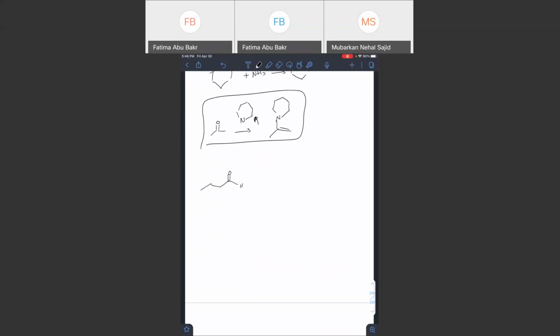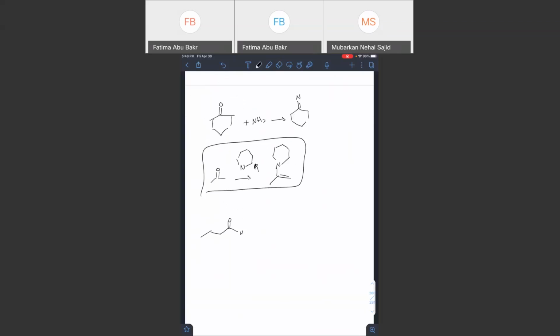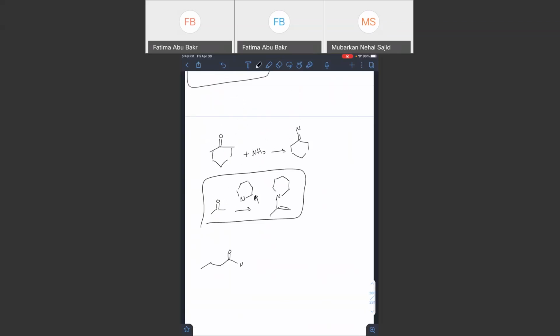So we start off with another ketone. After this, you can do another reaction with H2, nickel and EtOH, and that'll give us this being changed to just an NH2.